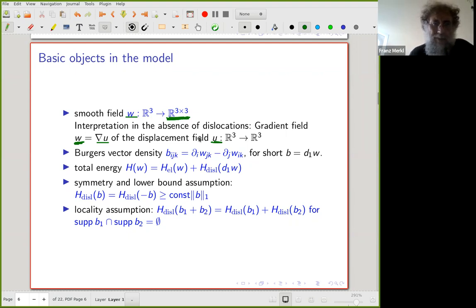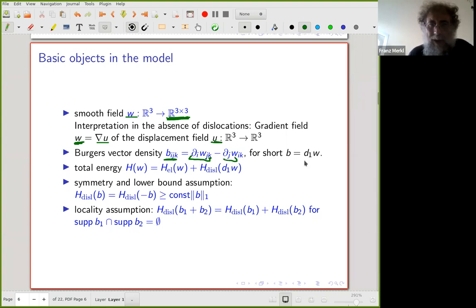And then the Burgers vector density is just the curl of this field with respect to the first of the matrix indices. So our Burgers vector density I mentioned before is the curl, so it's the partial derivative in the ith direction of the jth component of W, with the kth component of the Burgers vector as the third index. So the curl is taken in the second index, but not in the third index.